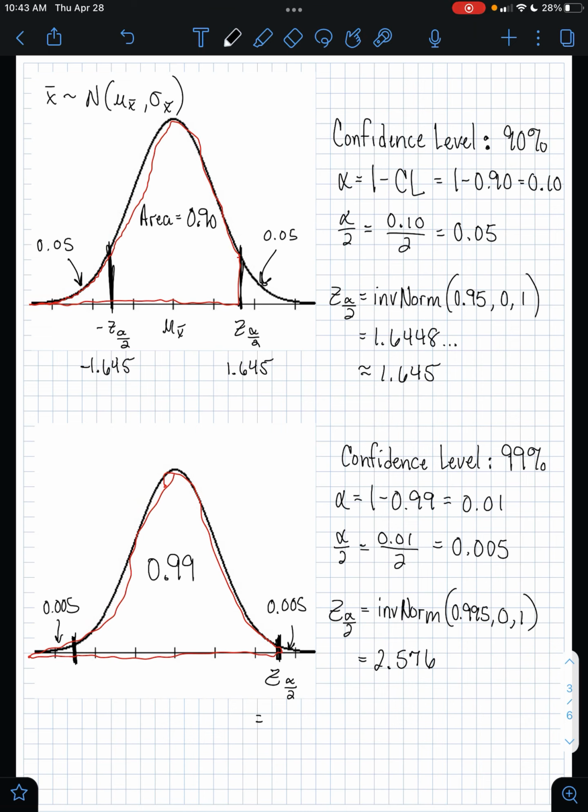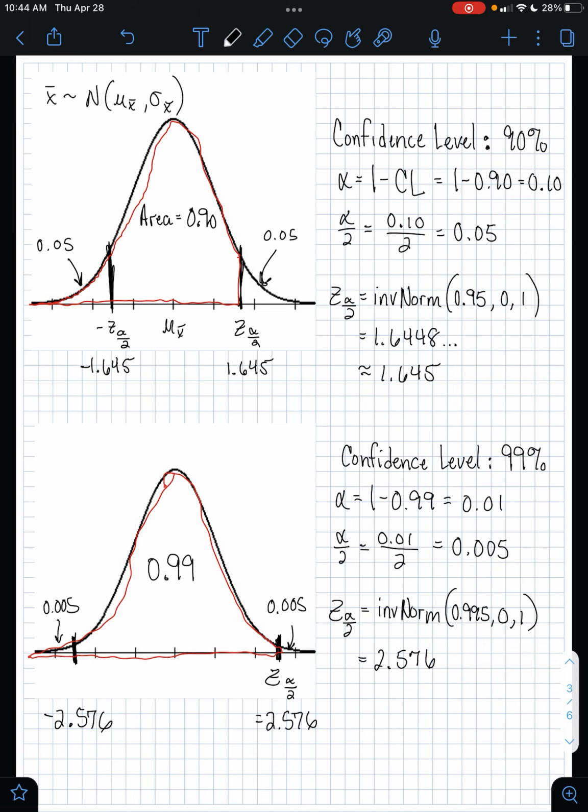Notice here that we have a wider range of values. We have to go further out to each side of the center here, a wider interval, because we want to have a greater probability of actually having found the interval that the population mean sits in.